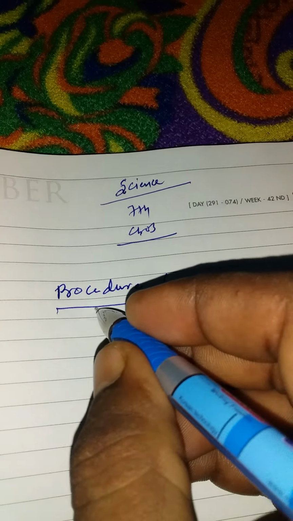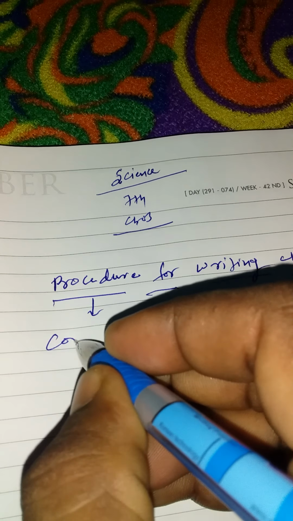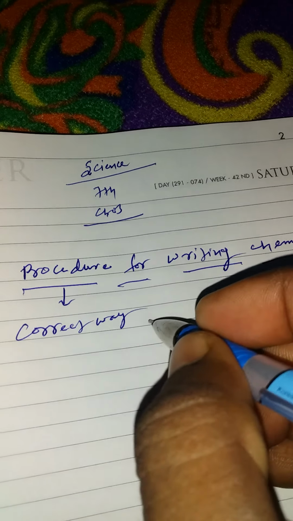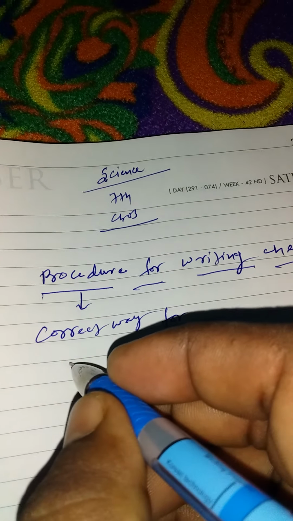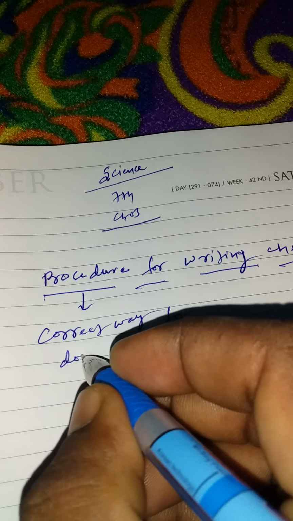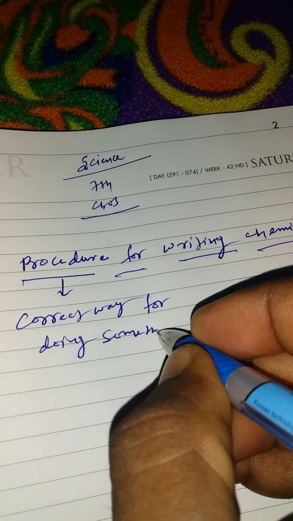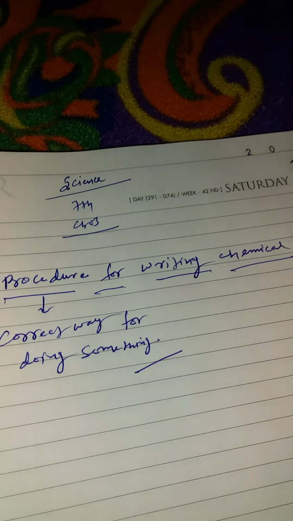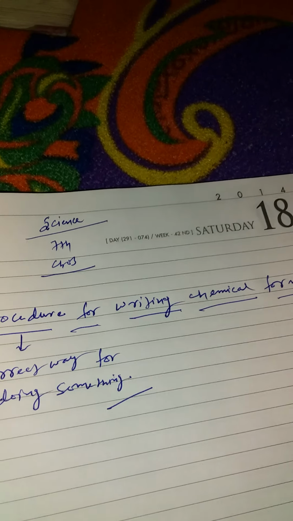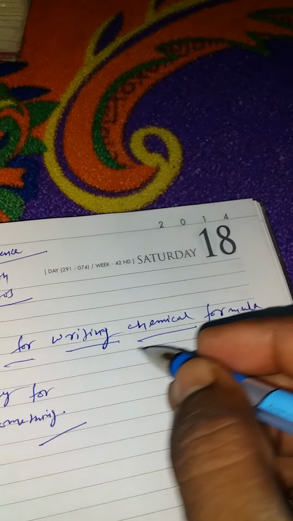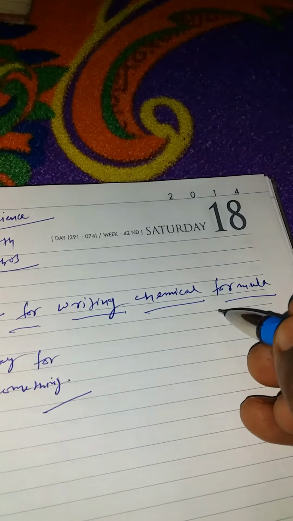Procedure means the correct way for doing something. Here, the correct way for doing something, that is writing chemical formula.